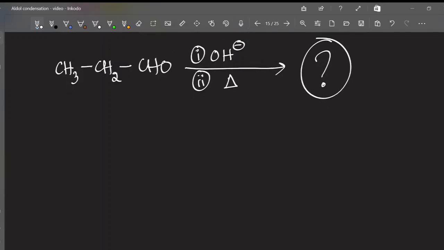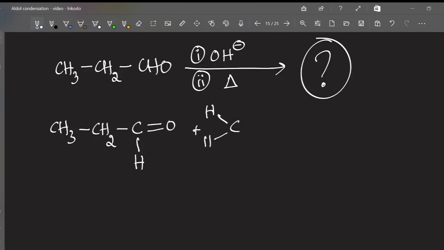Come on, let us try. If you go with respect to the mechanism and all, it will take a lot of time. So let us take our shortcut method: CH3, then CH2, and then write down one of the groups like this. And I told you, please point the acidic hydrogens towards the oxygen.